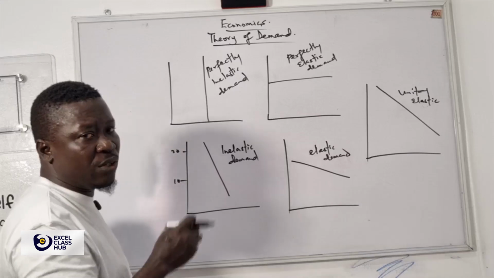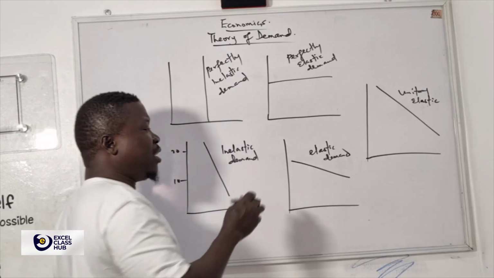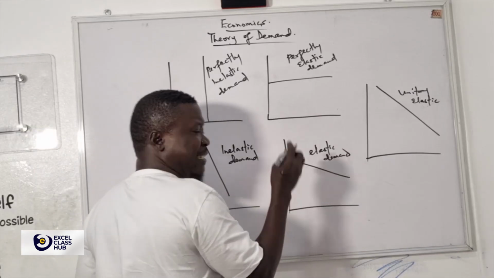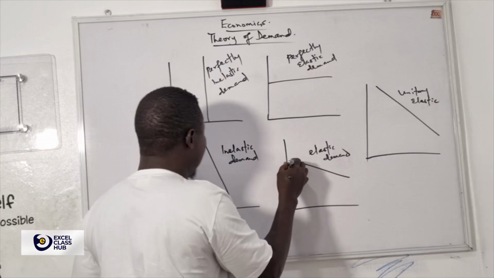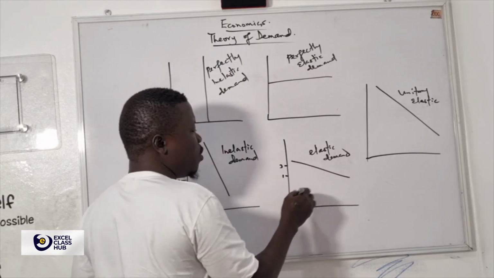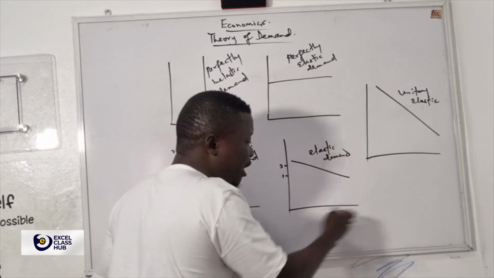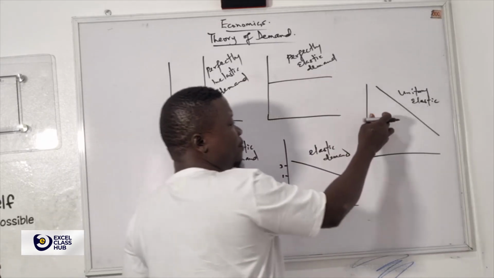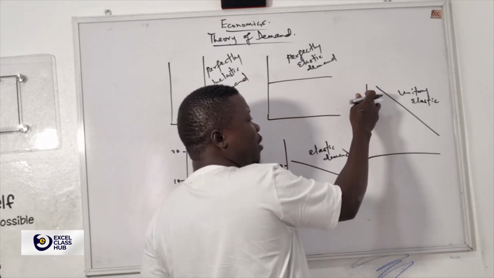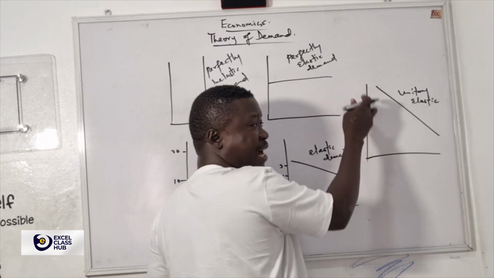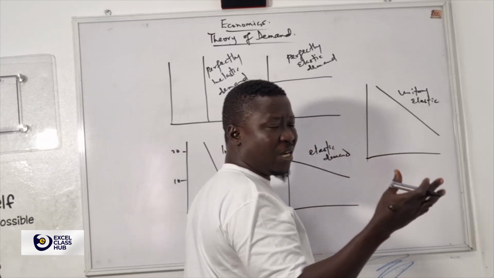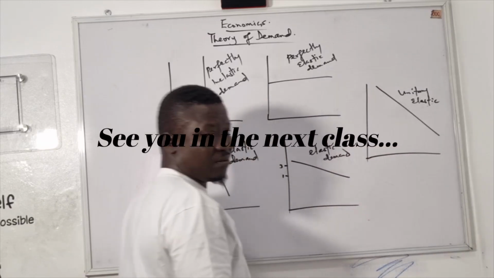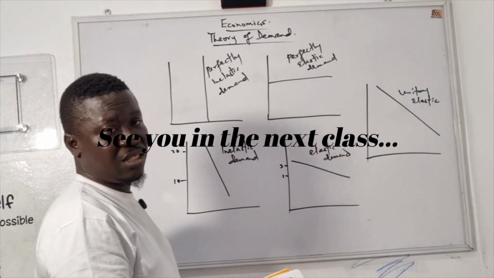But with this one, a slight change in price, we have a drastic change in the quantity. Why for this? The change in price is always proportional to the quantity. That is that about that.